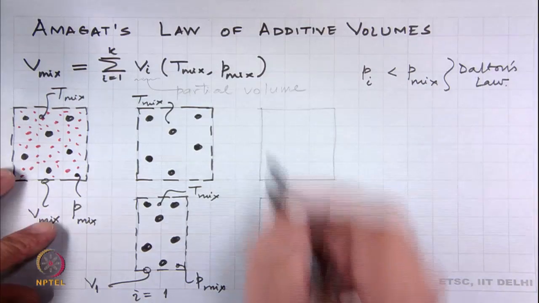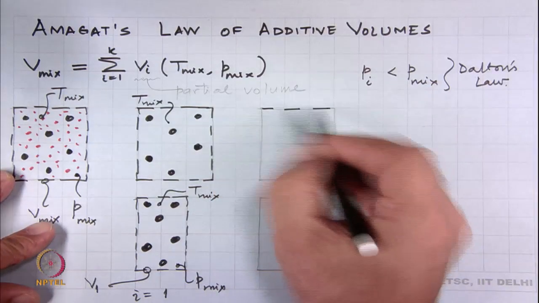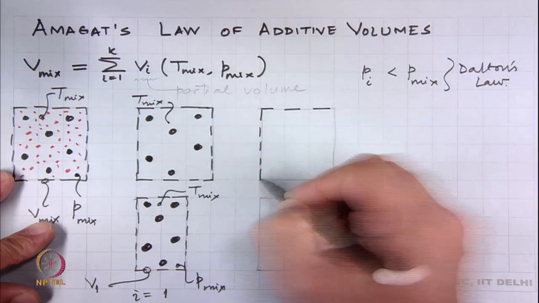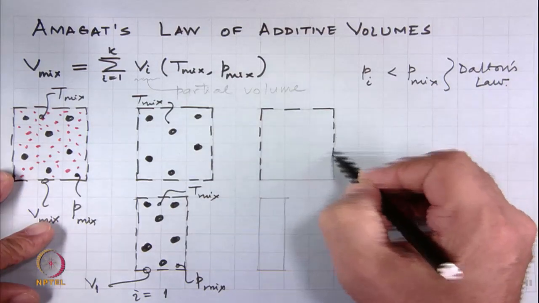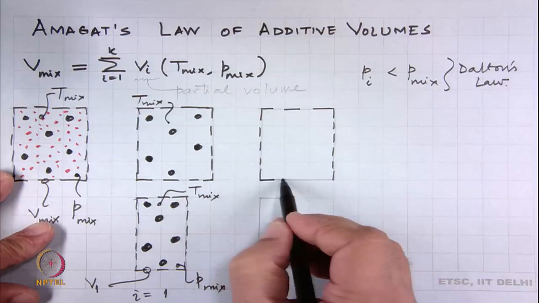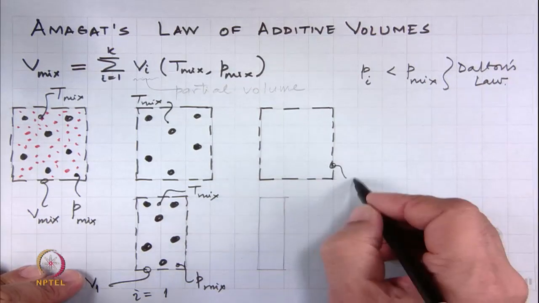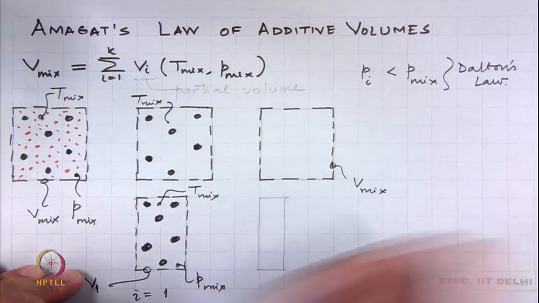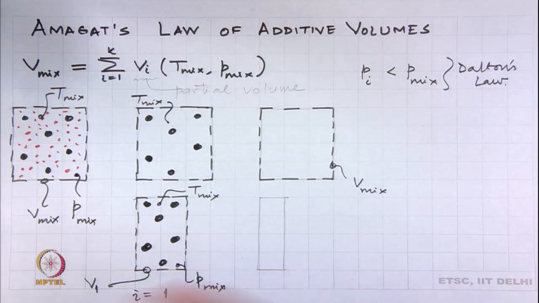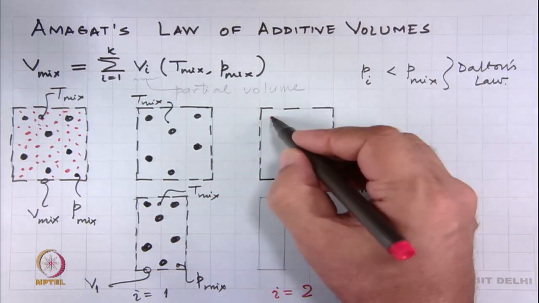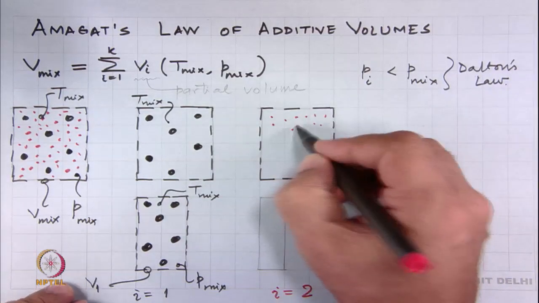Now, we do the same thing for the second component. That is the same volume as the earlier case, V mix, but now we only have I equal to 2, the second component of the mixture in this, which is nothing but all these molecules here.